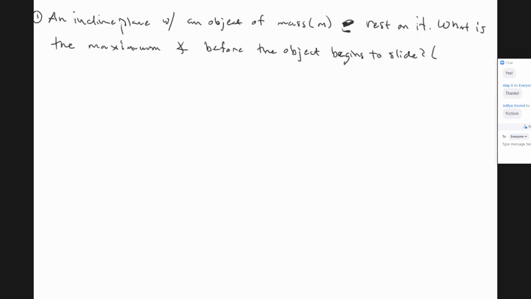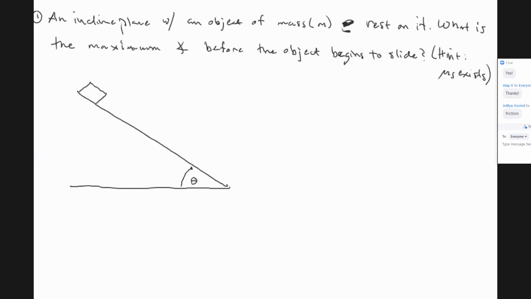My hint to you guys is that mu s exists. So what's going to happen is, here's your inclined plane. We're going to increase this angle until that object that's at rest on that inclined plane with some mass m is going to begin to slide.